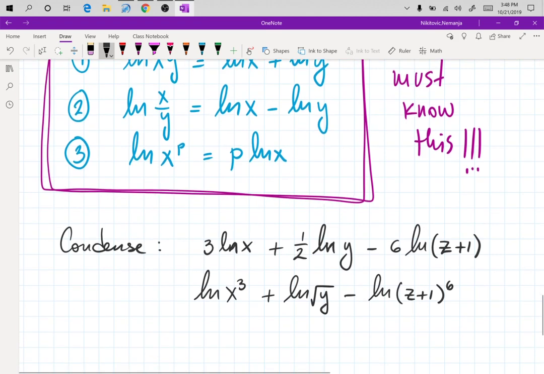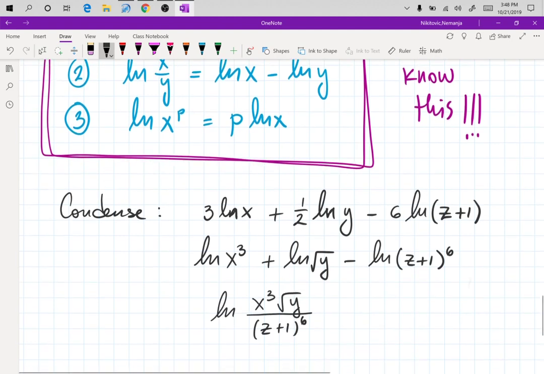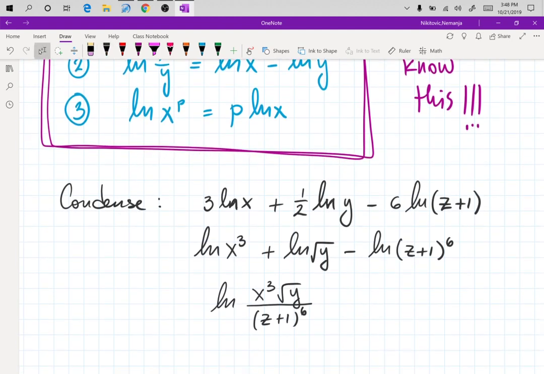And then addition is going to be multiplication, and minus is subtraction, is division, so we are going to have x cubed times the square root of y divided by z plus 1 to the 6. And this is the end of the problem.